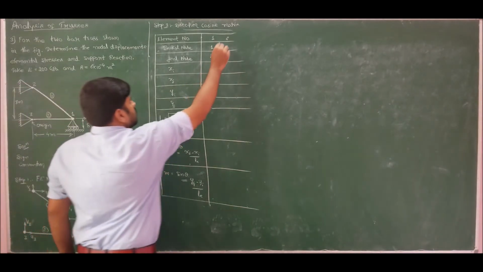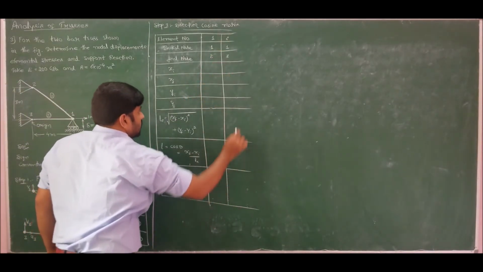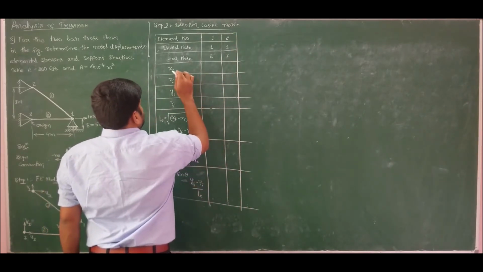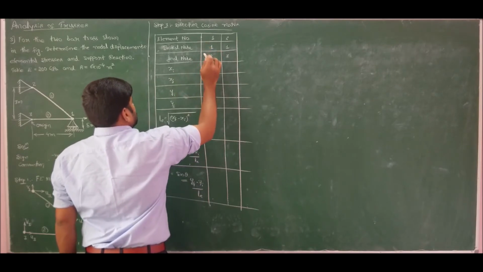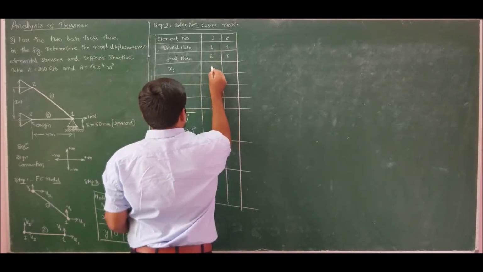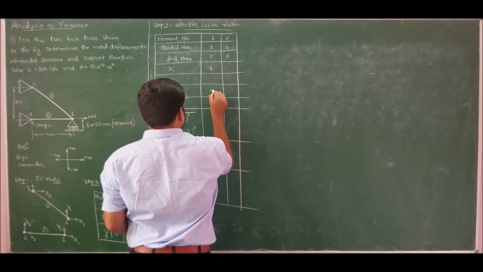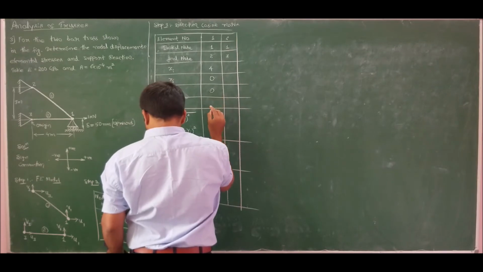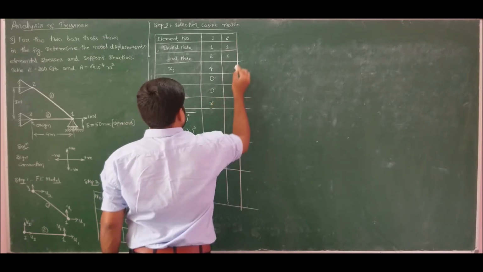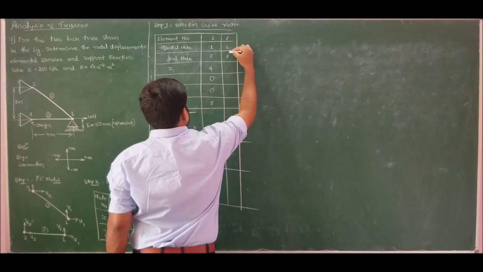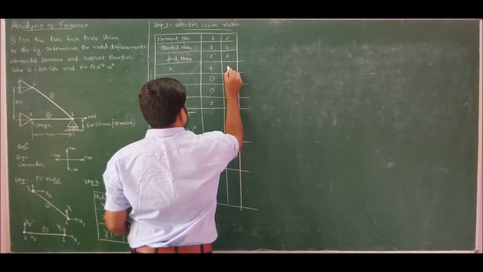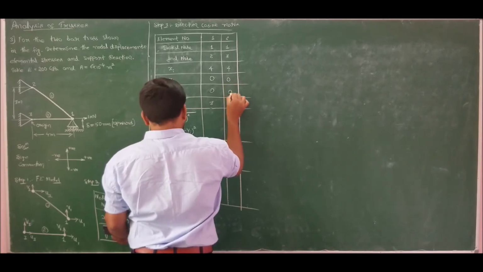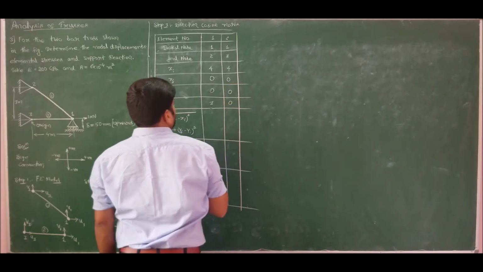Now coming to the values of x initial, x final and length, x initial and x final are x1 and x2. x1 is 4, x2 is 0. Next, y1 is 0, y2 is 3. Similarly, for element 2, I should take x1, x3, y1, y3. x1 is 4, x3 is 0, y1 is 0 and y3 is also 0.